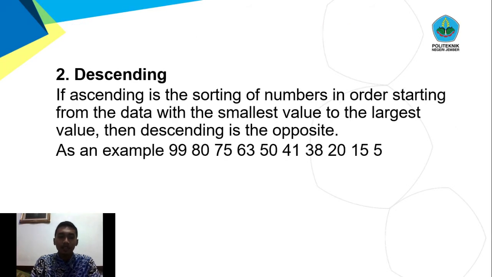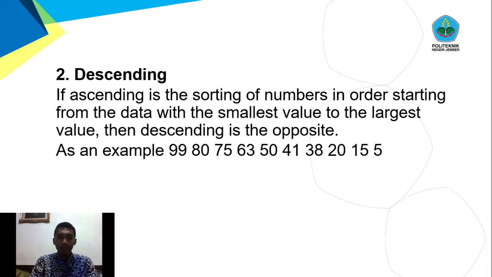Descending. If ascending is the sorting of numbers in order starting from the data with the smallest value to the largest value, then descending is the opposite. The data is sorted from the data with the largest value to the data with the smallest value.